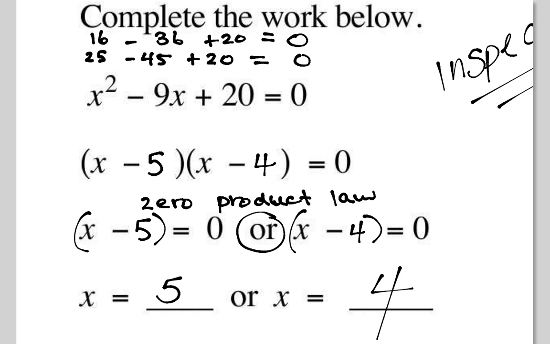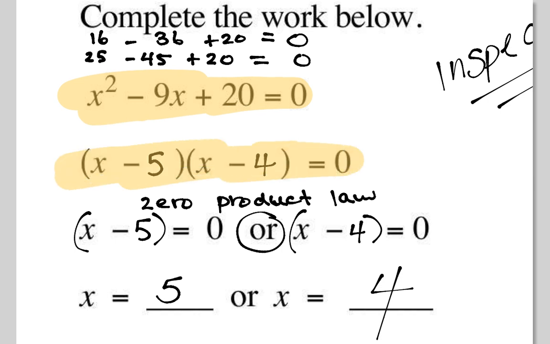So if you look at the two equations, and I'll highlight them, they mean the same thing, but one is way easier to solve than the other. x squared minus 9x plus 20 equals 0. It's very hard for me to decide for a sum or a difference equal to 0. It's very difficult for me to even conceptualize that. But a product equal to 0, well, that's easy.